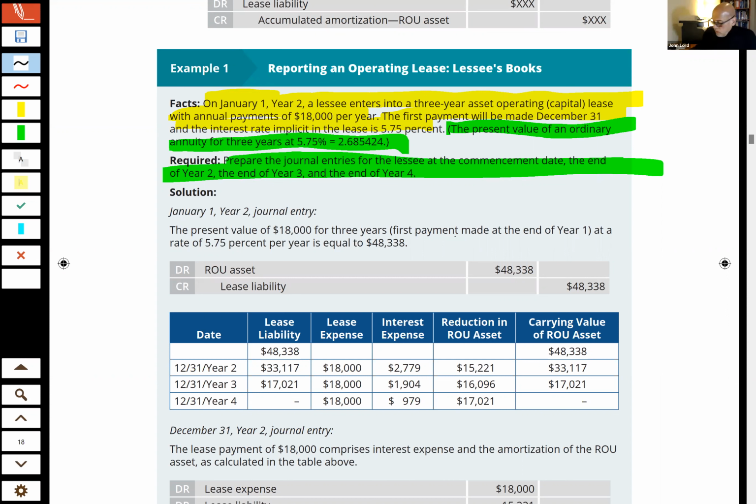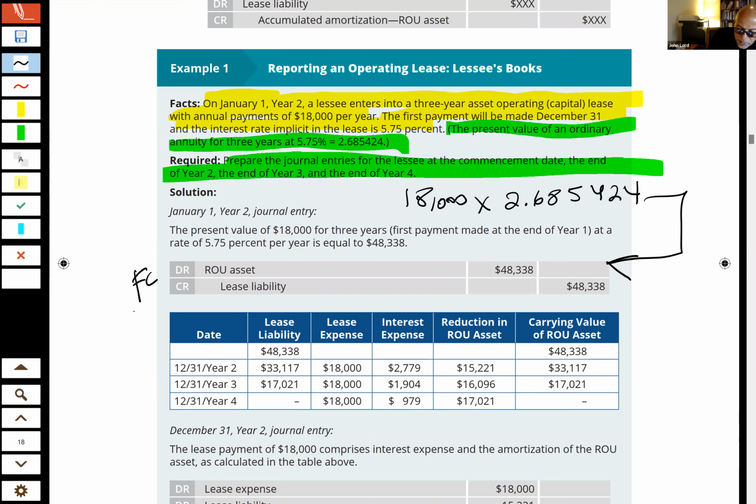I believe in showing where they get numbers from, so that 18,000 times this 2.685424 gives us this number, okay?